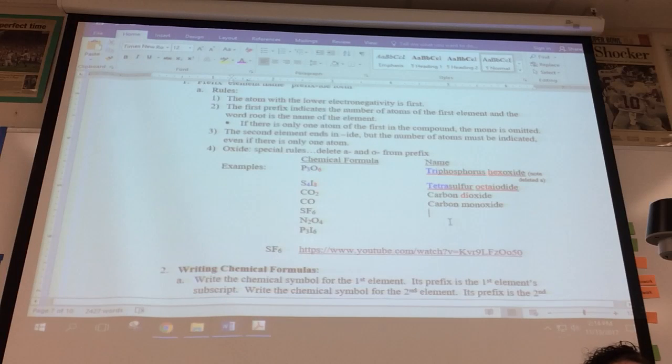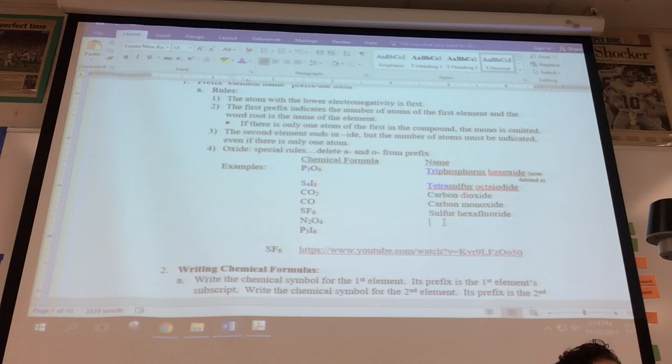What would this one be, Austin? Sulfur hexafluoride. Correct. And watch your spelling on fluoride. There's a flu in fluoride. What about this one, Claire?